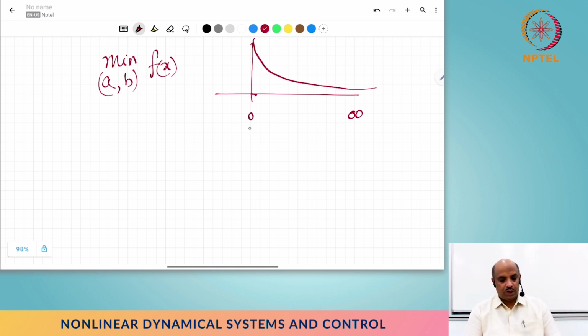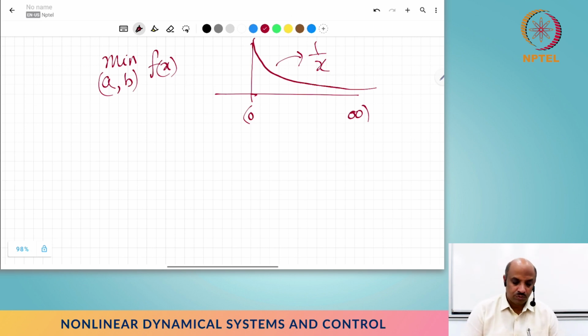On this (0, infinity), which is an open interval, right, without including both endpoints, do we have a minimum? Unfortunately, this is asymptotically approaching some number, let's say 0. If this is 1 over x, then 1 over x is approaching 0 but never equal to 0, so this problem need not have a minimum.